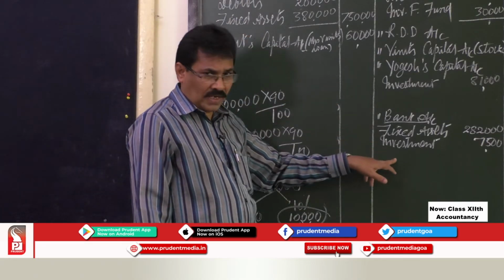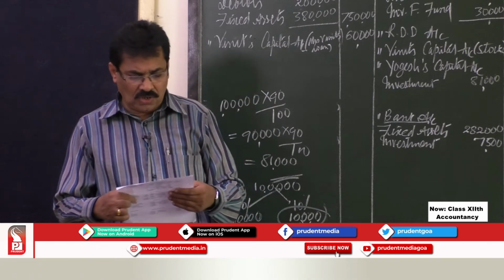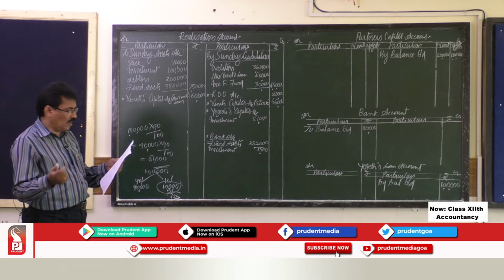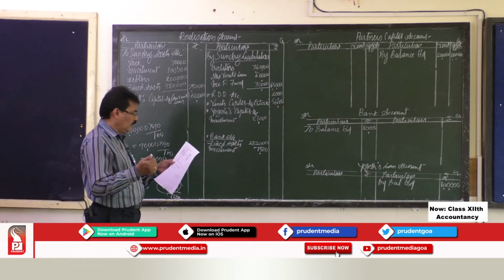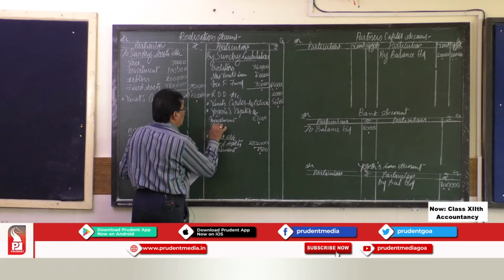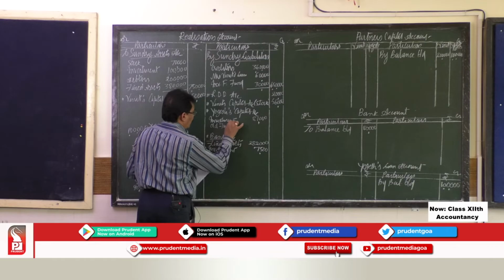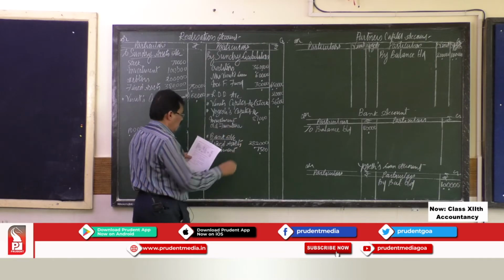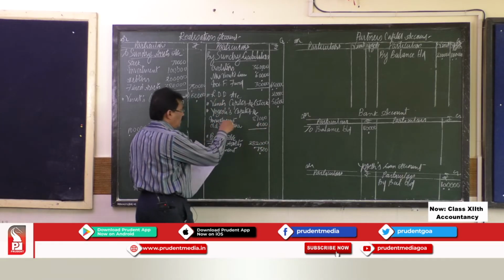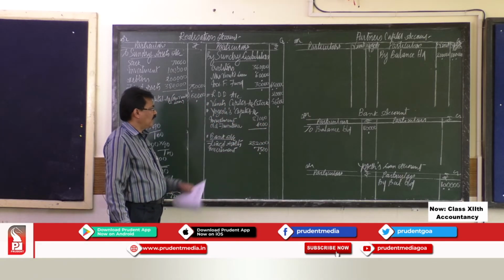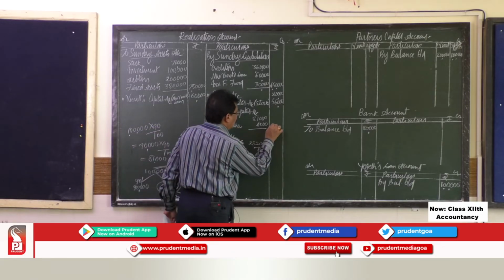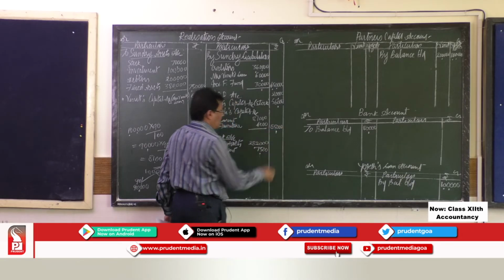Now here, whatever the amount is, that is 4,000, the agreed value of the old furniture taken over by Yogesh. Yogesh took over old furniture which is not recorded for 4,000. Now, he took investment of rupees 81,000, furniture of rupees 4,000. So, total value of asset taken over comes to 85,000.